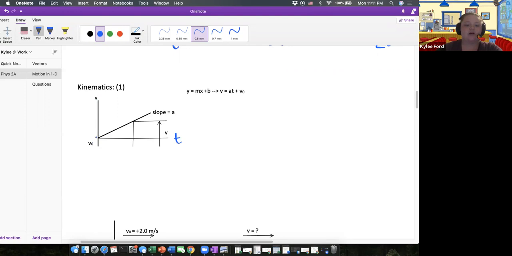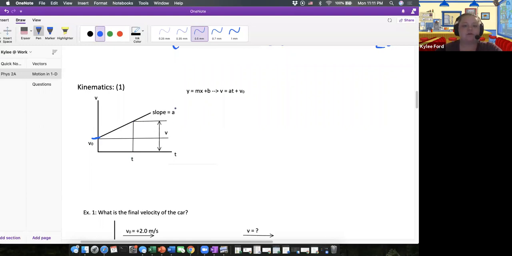Our starting velocity v naught is here. Oh, there it goes. I'm sorry about that. That's why it looked funny. All right. Here we go. So here's our v naught, and there's our t axis. And we're looking at some time t here, for example.